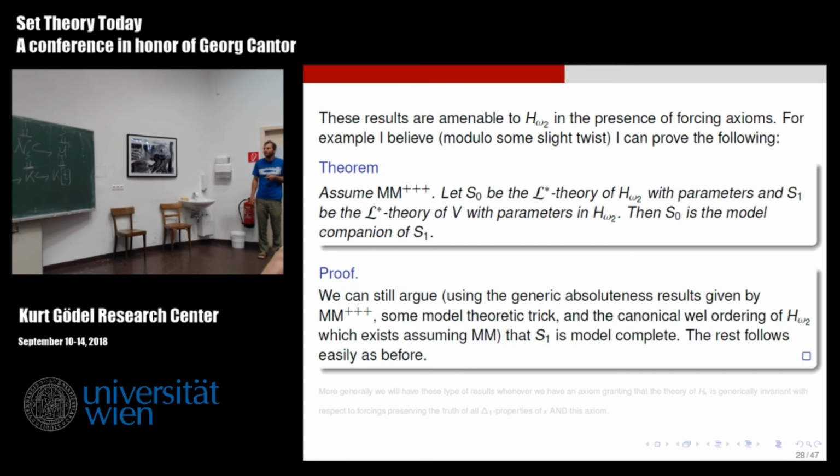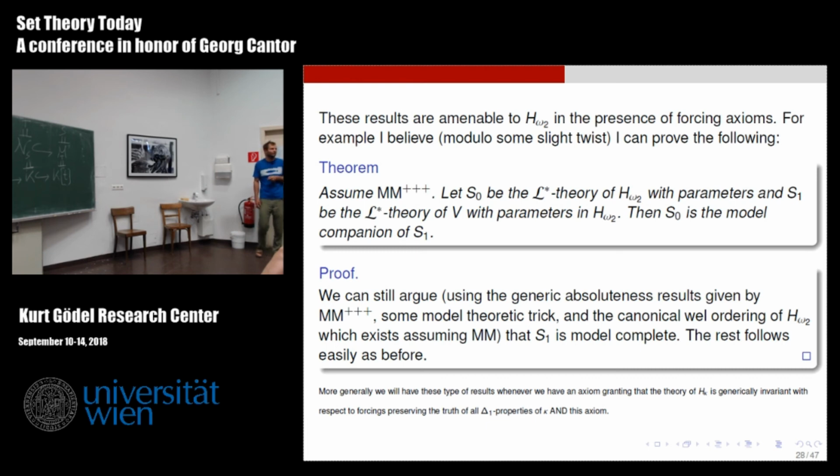Actually this is a whole family of theorems that you will have whenever you have an axiom granting that this theory is generically invariant with respect to forcing which preserves the delta 1 property of this model.